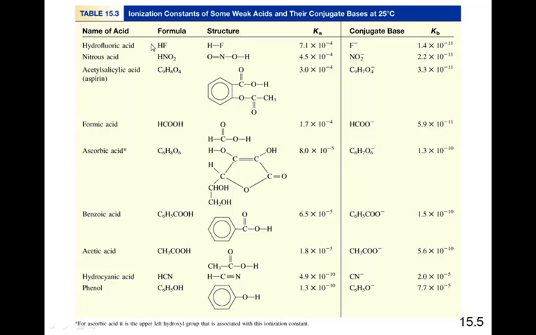And so the weaker the acid is, the stronger its base is going to be. So these are some of the stronger acids, and we've got weaker bases, and these are some of the weaker acids, and they end up with stronger bases, and this is what's called the K sub B, which we're going to talk about more in the future.